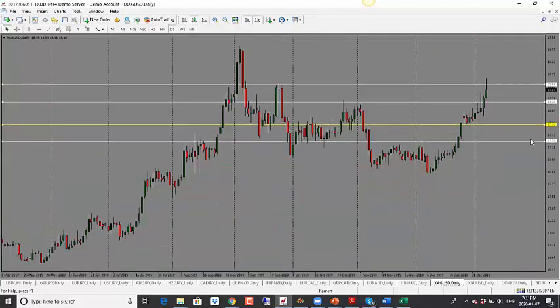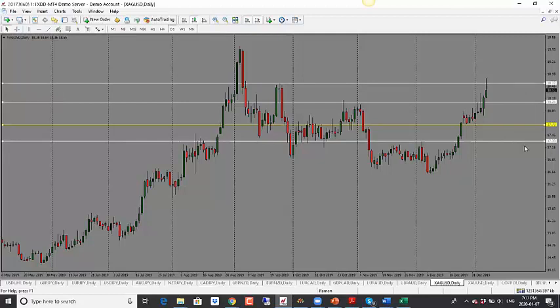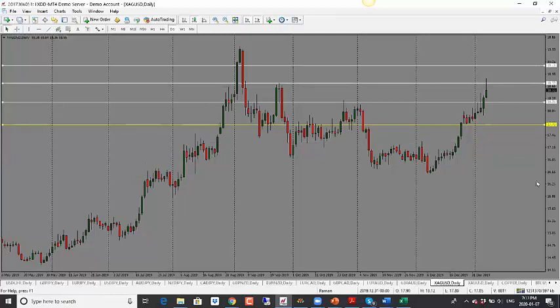And should things calm down, let's say US doesn't retaliate, they're calm about it, then we could see this one drop, but bias is bullish. 18.70 is the first target, and then if it goes through that, we have 19.20 as the second target. So bias here is bullish for silver.